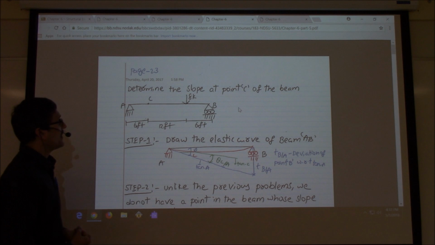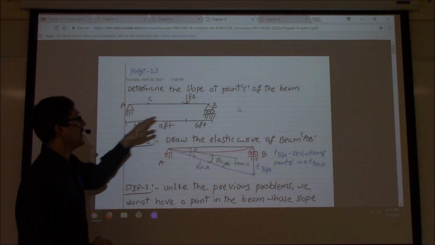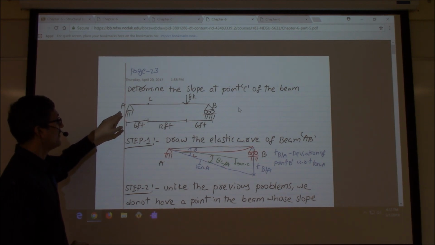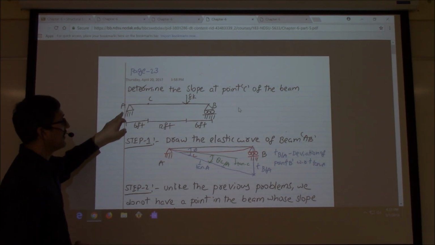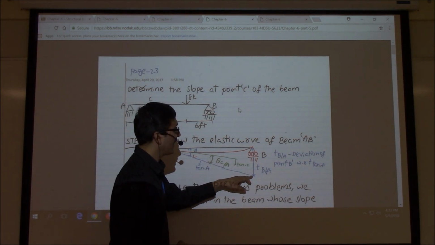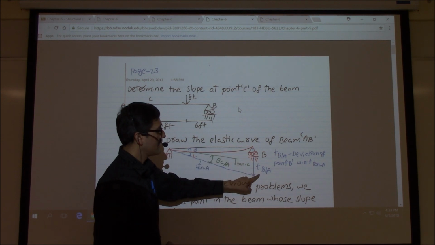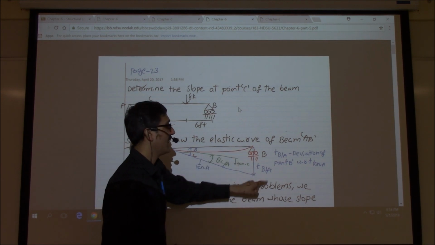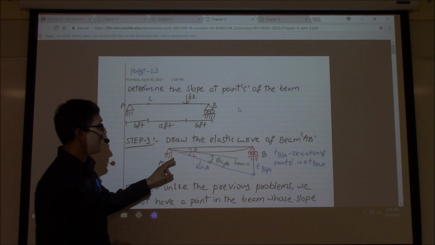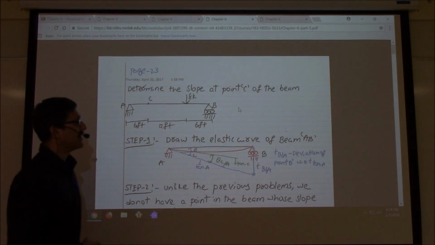It would become much easier if we know the slope at any point in this beam. For example, if you want to know the slope at the point A, what would you do? You can simply draw a tangent through point A, and you know that this point B is not going to deflect, so this is TB by A. If you know the bending moment diagram for this beam, you can easily evaluate TB by A. How can you do that?